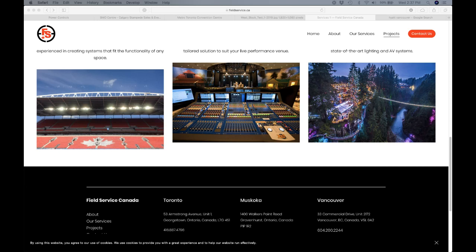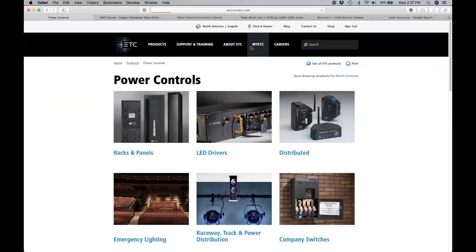The only thing I would add is back on the ETC website, there is a link for a My ETC account, which is an account you can sign up for to receive marketing and technical information directly from ETC, and you can tailor that account to suit your needs. Also on that site, you can find lots of good information as it is available through other channels on the website as well.